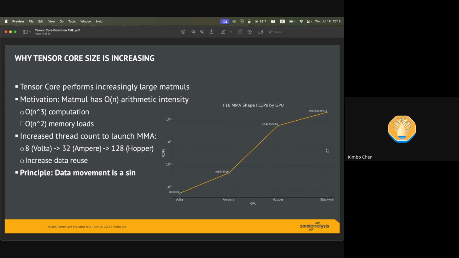So that's why Tensor Core architecture designers are very conscious of how much data movement you need to perform matrix multiplication and to get good performance.